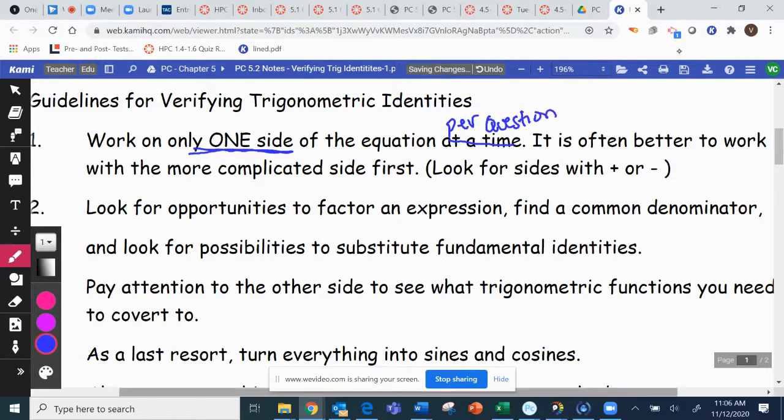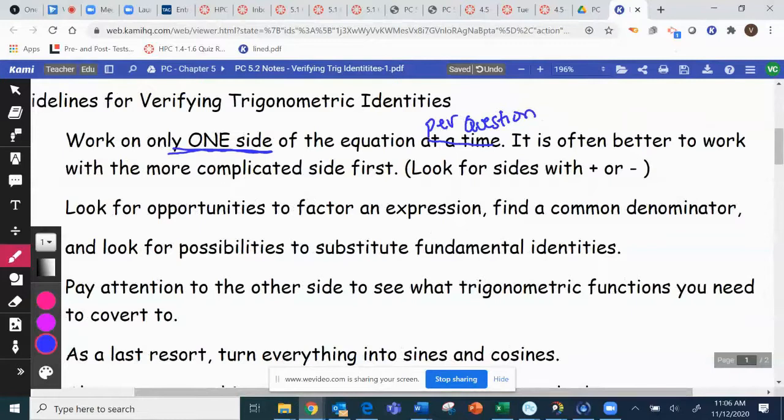Then it says it is often better to work with the more complicated side first, and more complicated means with addition or subtraction. There isn't a wrong side to work with; there's just one that's going to be much easier for you, and it's the one that looks more complicated to begin with.